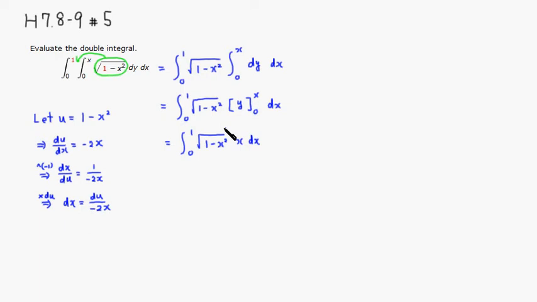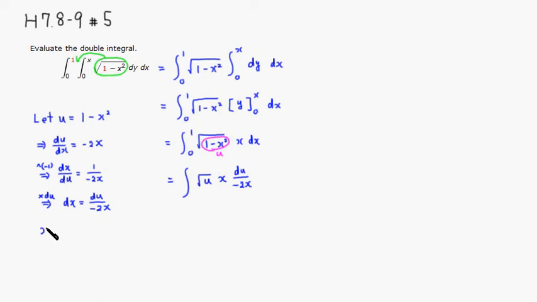Alright, so we can rewrite this. We decided to call the expression inside the square root u. So this is going to be the integral of square root of u, and I'm going to leave this x as it is. dx is the same thing as du over negative 2x. Then we have to convert the lower limit and the upper limit.